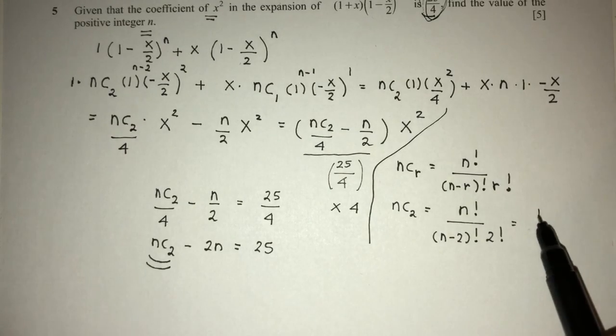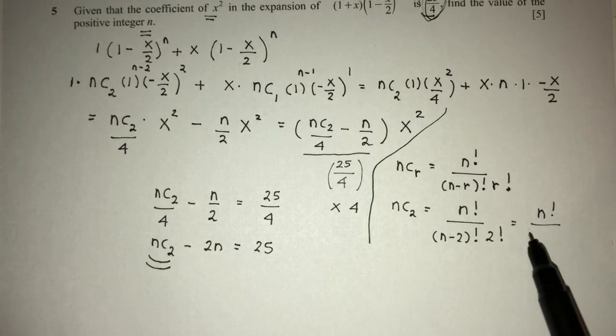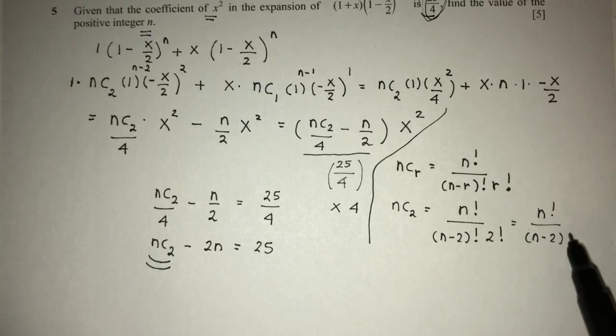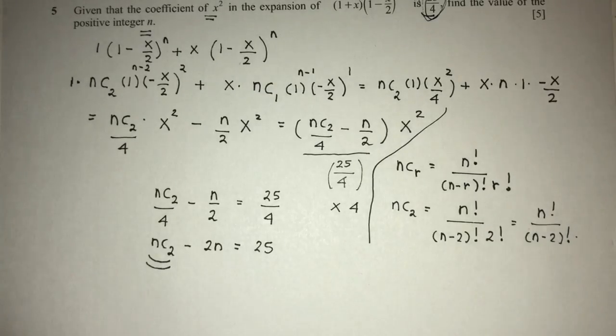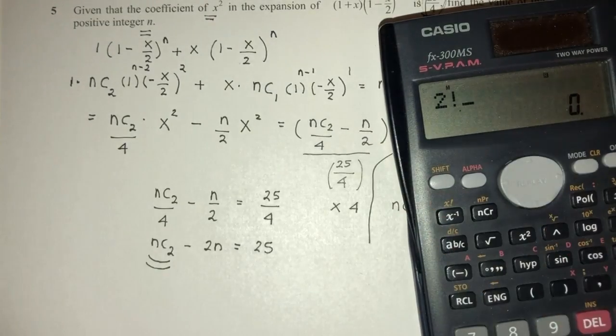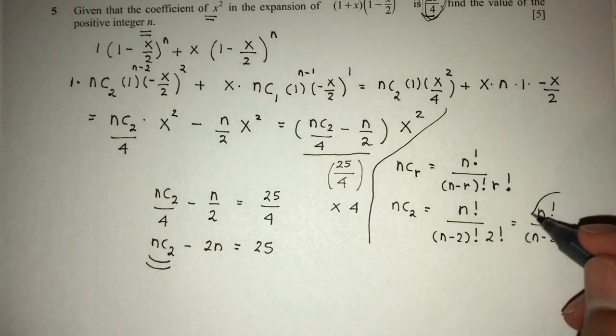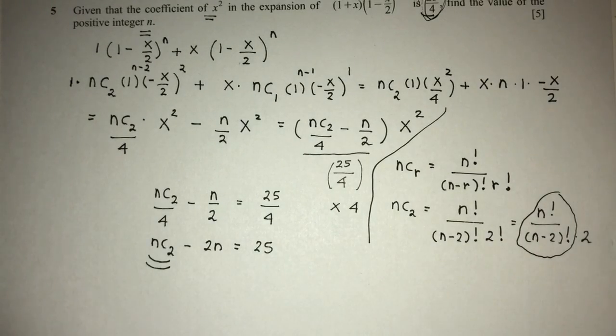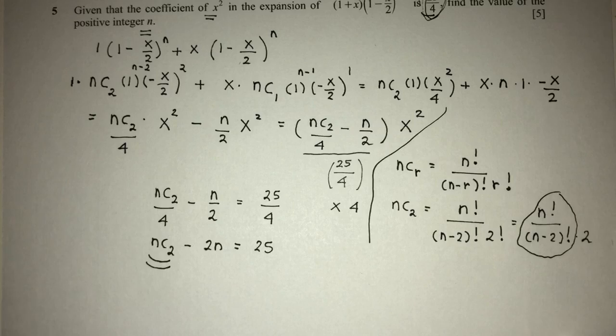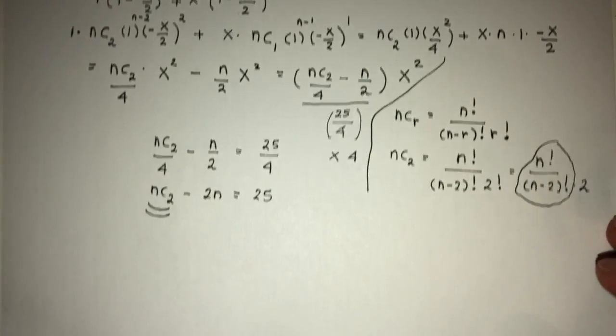So that will be n factorial over n minus 2 factorial times, this is 2 factorial will be what? This 2, so that will be 2. Now, of course, this can be simplified, but I want to explain how to simplify this before we do it actually. So let me explain.